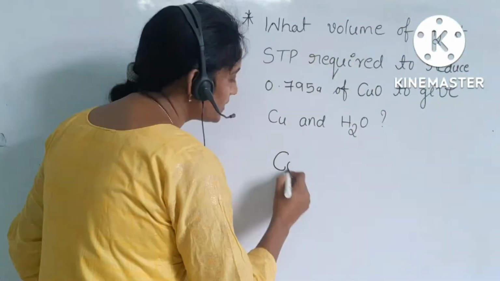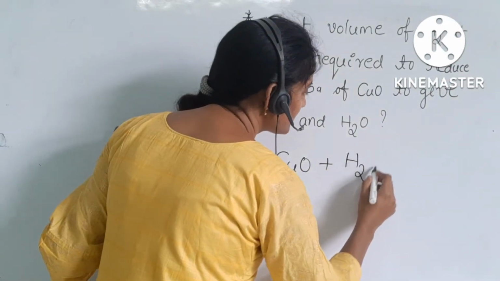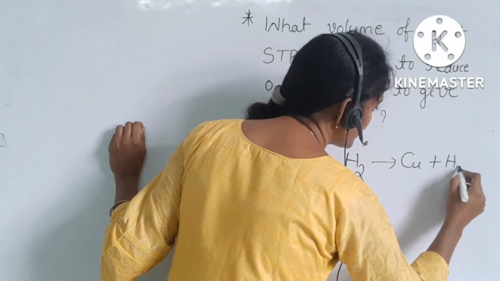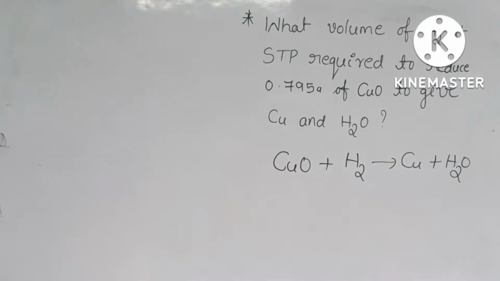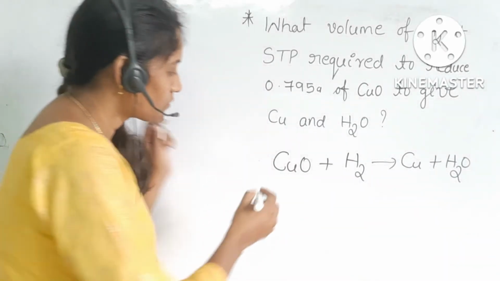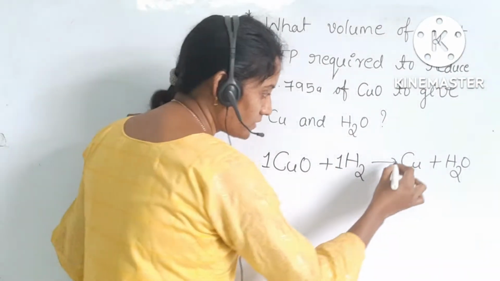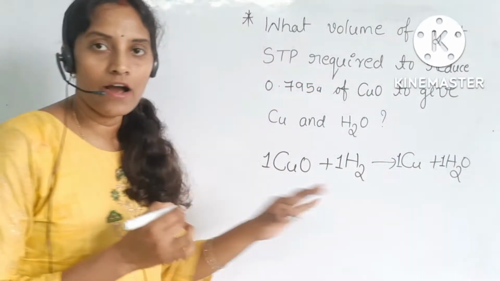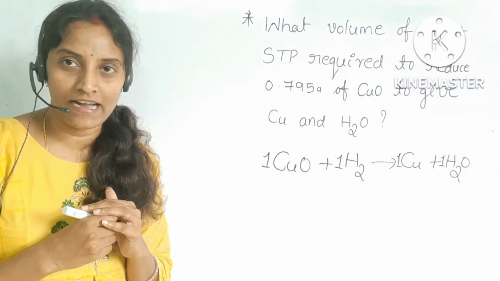Copper oxide reacting with hydrogen gas will form solid copper and water. This is the balanced chemical equation. Here this copper oxide is 1 mole. It needs 1 mole of H2 and they will produce 1 mole of copper and 1 mole of water. So it's a balanced chemical reaction.